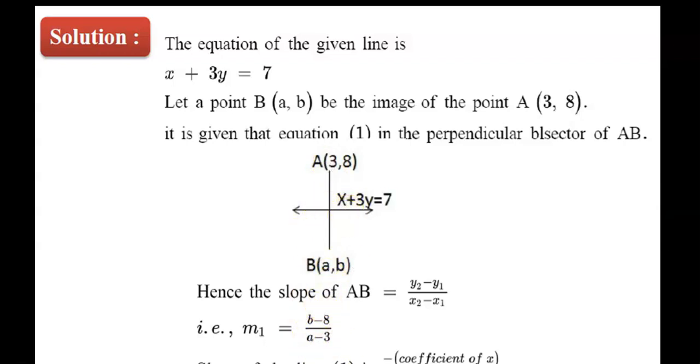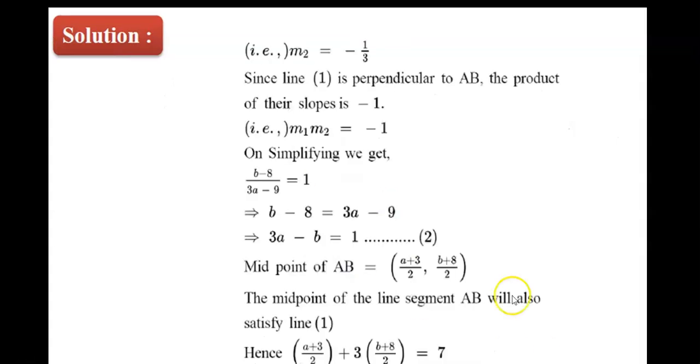You know, minus coefficient of x divided by coefficient of y, that is minus 1 divided by 3. Since the line is perpendicular to AB, the product of the slopes is minus 1. So (b minus 8) into minus 1 by 3 is equal to minus 1. When you simplify, you will get 3a minus b is equal to 1.